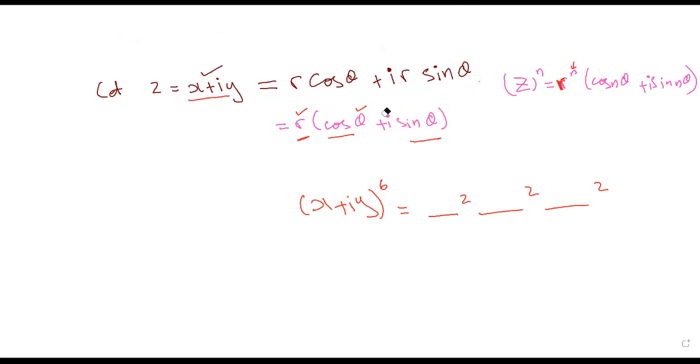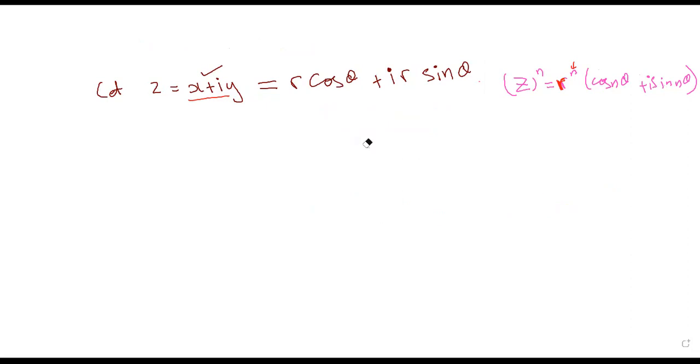You don't even have to know the name of this theorem, because you will be solving questions. Whenever you need to find z to the power n, n could be 6, 10, 8, any number, you are going to do it this way. You first write down your z, that basically is r cos theta plus iota sine theta. This is the polar form. And then this n would basically come here, here, and here.